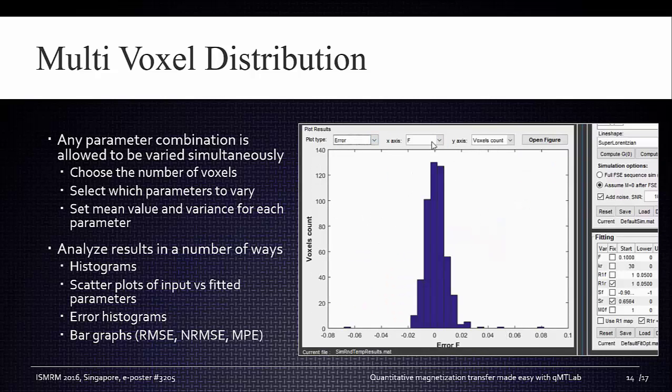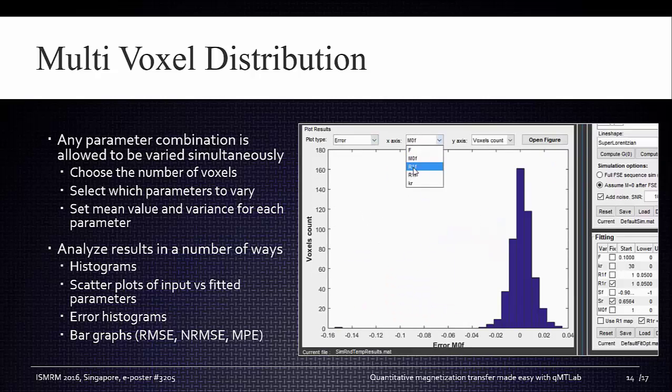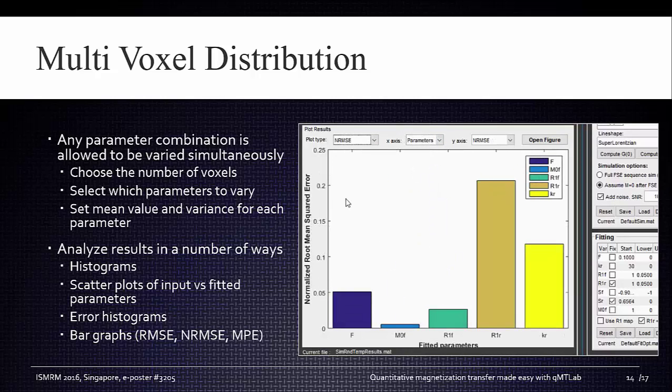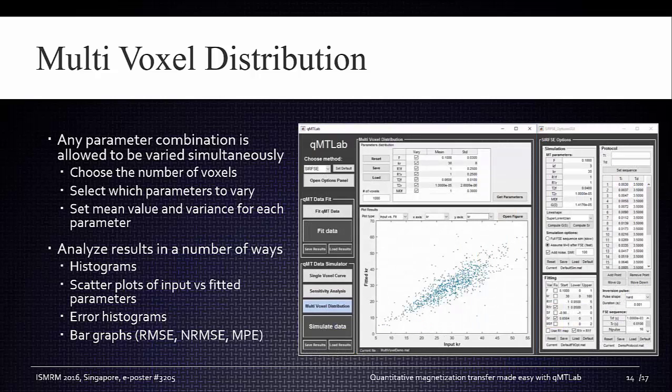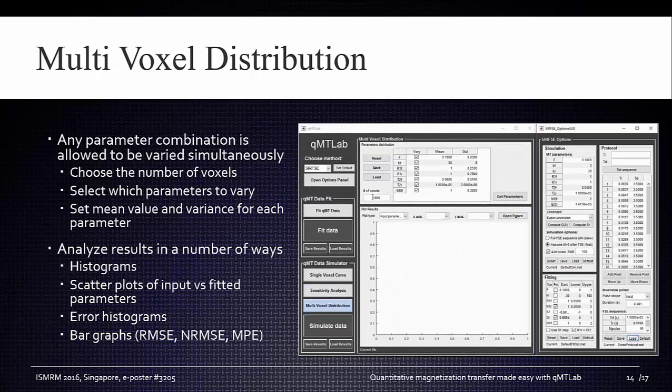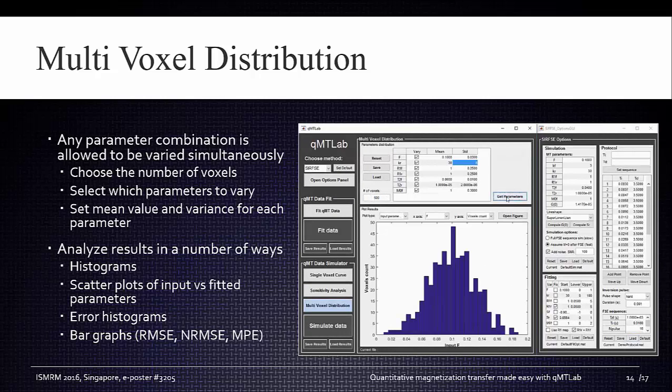You select which parameters you want to vary and set their mean value and variance for each of these parameters. Once the data is generated, you can analyze the result in a number of ways, using, for example, histograms or scatter plots of the input versus fitted parameters, or error histograms, bar graphs.